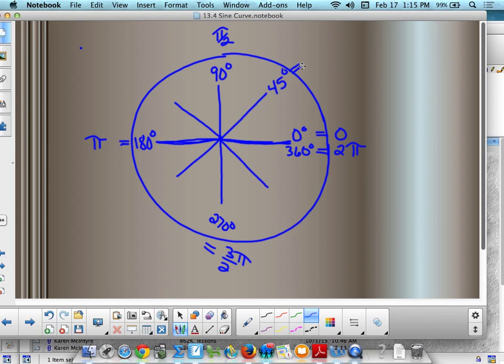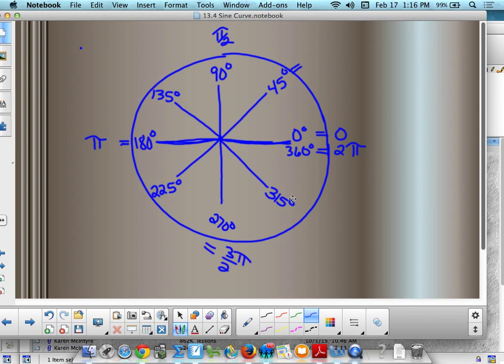Another 45, I'm at 135. Another 45 would be 180. Another 45 would be 225. Another 45 gets you to 270. Another 45 gets you to 315. Okay, so we got the angles down in degrees.